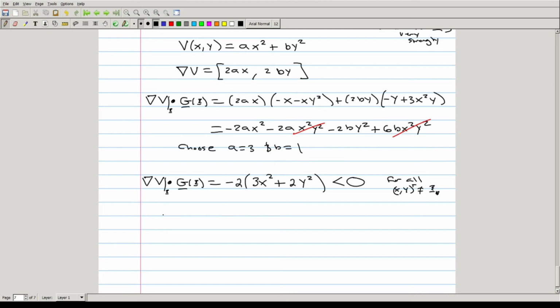So by the stability theorem, the critical point (0, 0) is asymptotically stable.